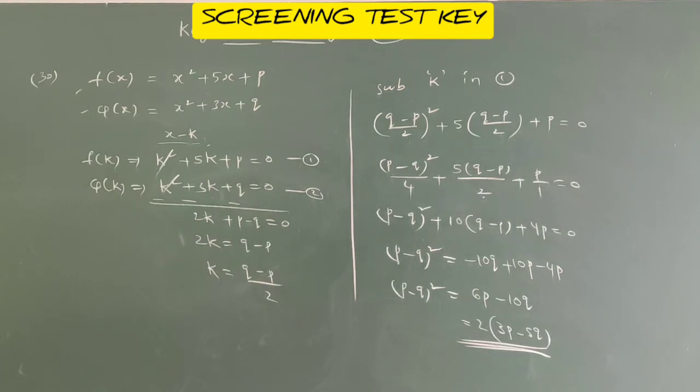So p minus q whole square plus 10 into q minus p plus 4p. If you transfer to the RHS, it becomes minus 10q plus 10p minus 4p, 6p minus 10q. So if you take 2 common, 3p minus 5q.